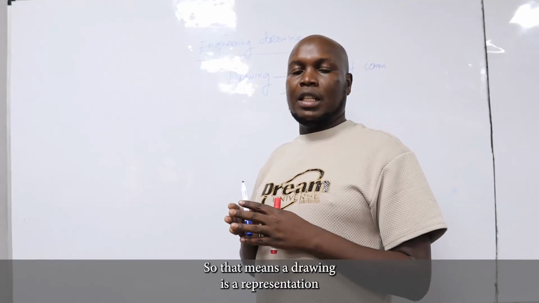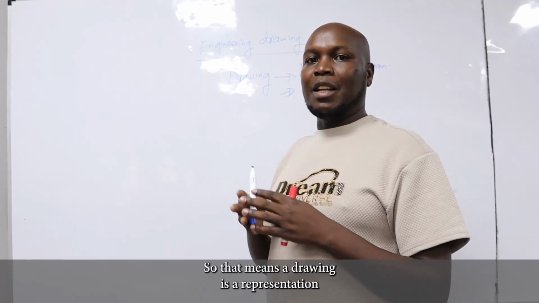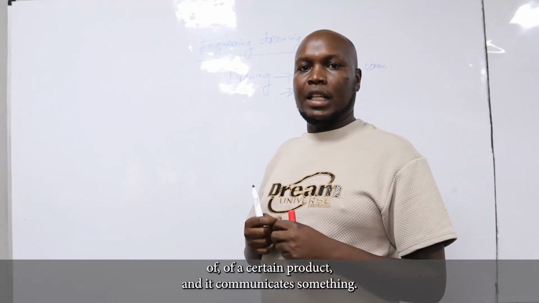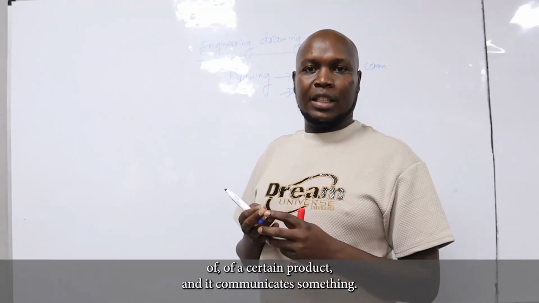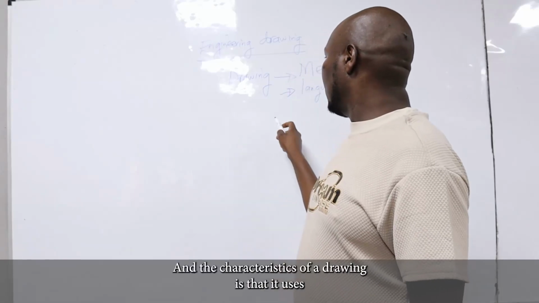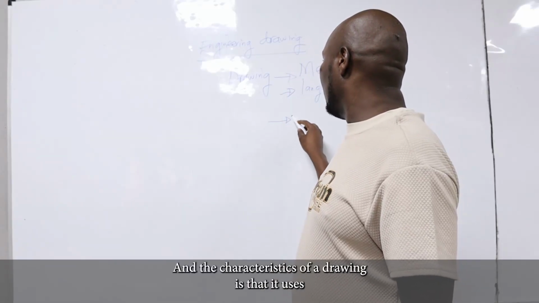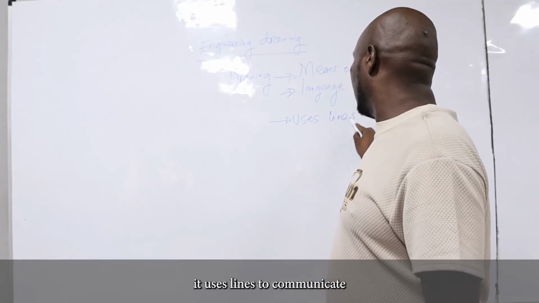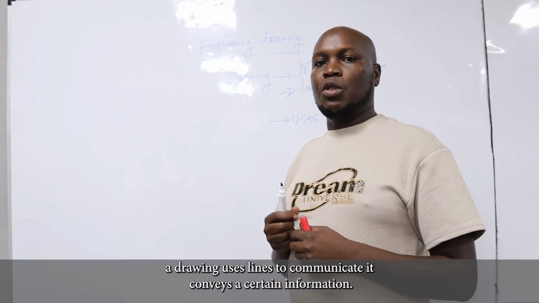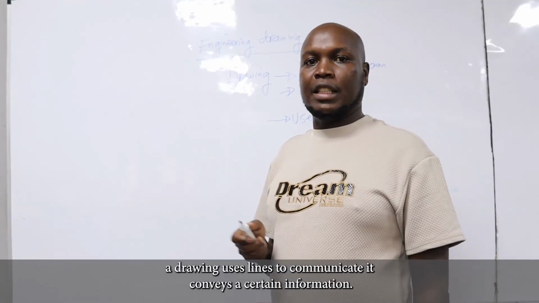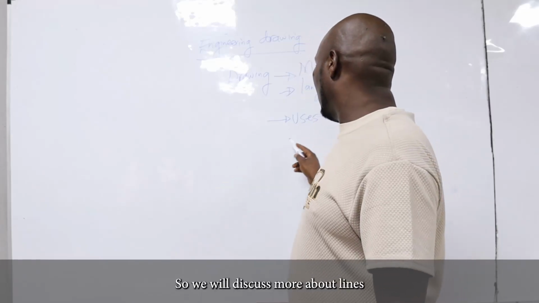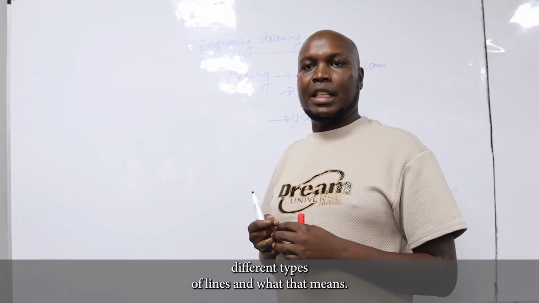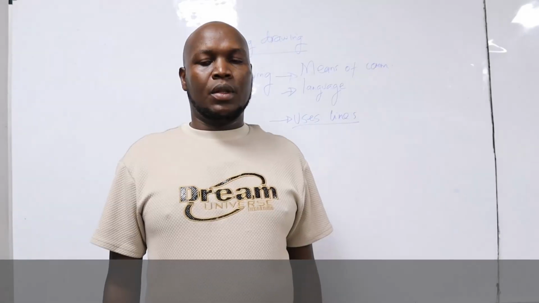So a drawing is a representation of a certain product, and it communicates something. The characteristic of a drawing is that it uses lines to communicate. It conveys certain information. We will discuss more about lines, the different types of lines, and what they mean.